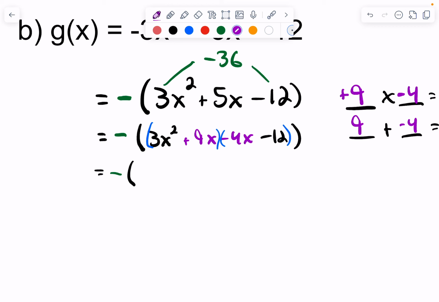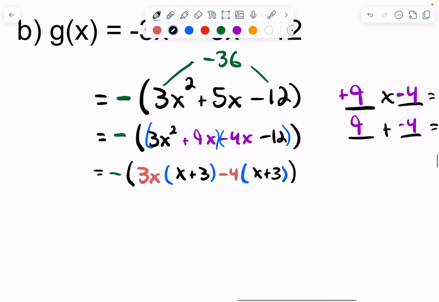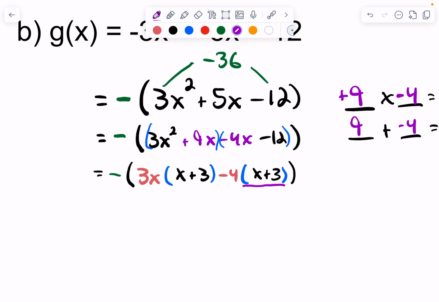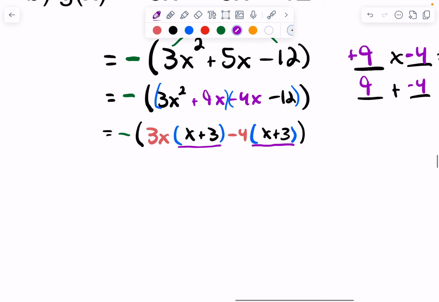So pulling out a 3x, I'd be left with x plus 3. And if I pull a GCF out of the second bracket, that would be in this case minus 4. I'd be left with x plus 3. And again, from the review of doing all those decompositions, we know we've done it correctly because we have this bracket and this bracket being the same.